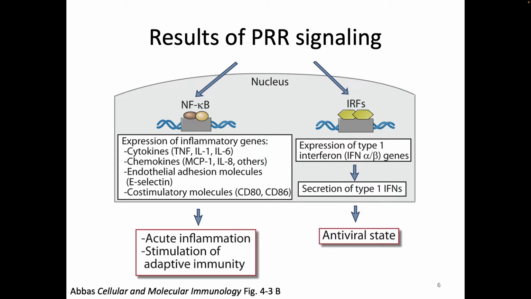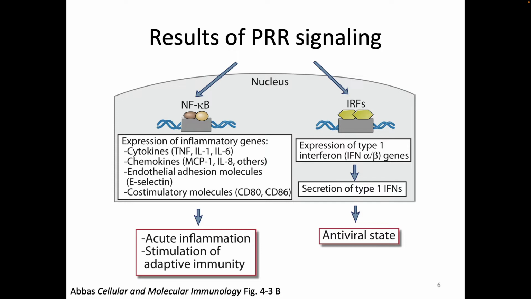With some other PRRs, we can get a different kind of transcription factor activated. That transcription factor is called IRF. There are different IRFs. There's different NF-kappa Bs too. IRF stands for Interferon Regulatory Factor. So guess what gene interferon regulatory factor turns on?